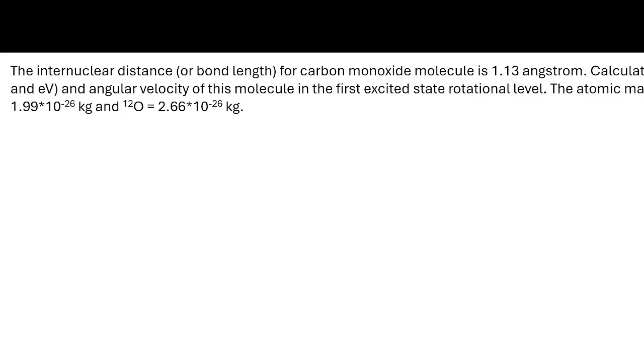So the first question is the internuclear distance or bond length of carbon monoxide. The bond length is 1.13 angstrom. Calculate the energy in joule and in electron volt and then the angular velocity. So we have to calculate two things, first energy and second omega.